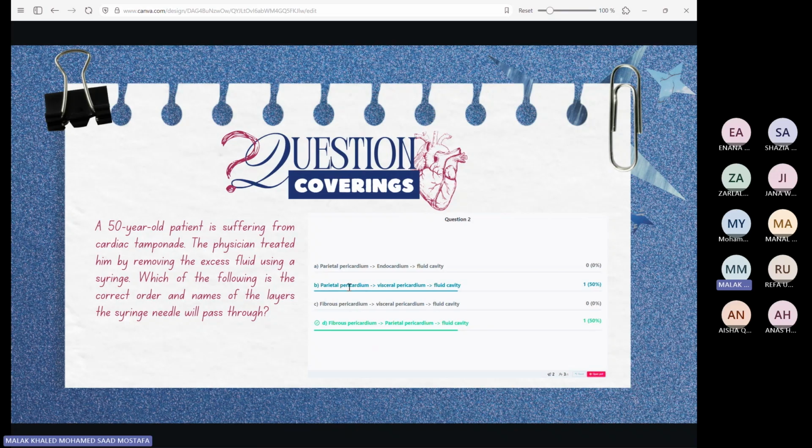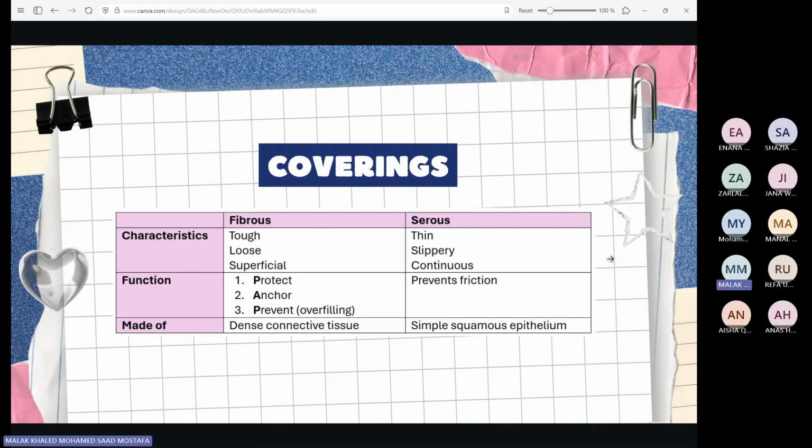I'm not sure why parietal pericardium to visceral to fluid cavity was an option, but the most correct one would be fibrous pericardium. Why? Because you start with the highest layer, and then you go to the next layer, and then the next layer. The other options don't include fibrous pericardium. This is a quick summary of all the coverings. I'm pretty sure that this is a simpler topic because you did tissue before, so you know how serous membranes work. So I will not go over this part.